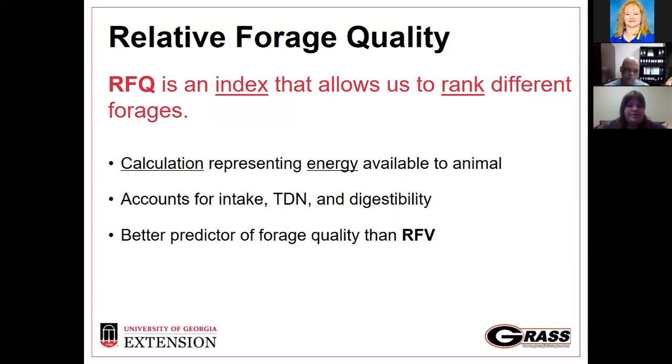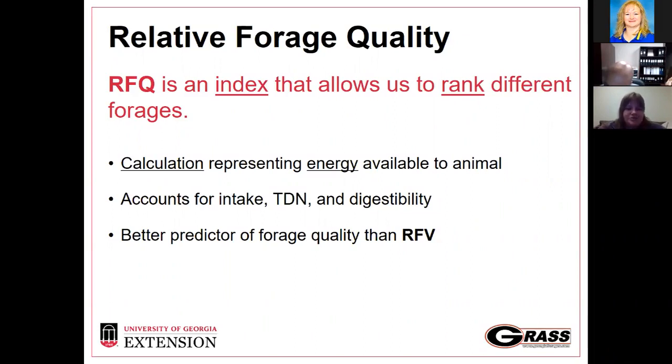So it puts everything on the same scale so that we could line them up as hay ranked 1 to 4. This is actually what we use for the Southeast Hay Contest, where we have so many different forages coming in. The calculations that go into this are the TDN and dry matter intake. They're representing the energy that's available. So it's taking all of these different numbers that we just talked about and putting them into one energy value.